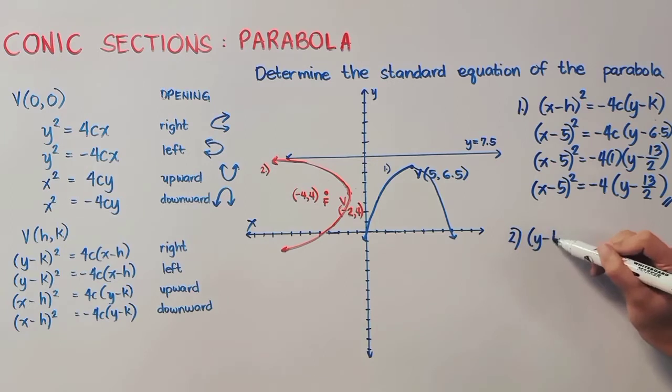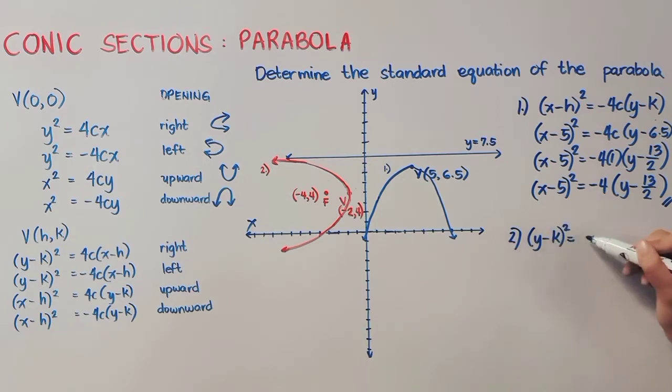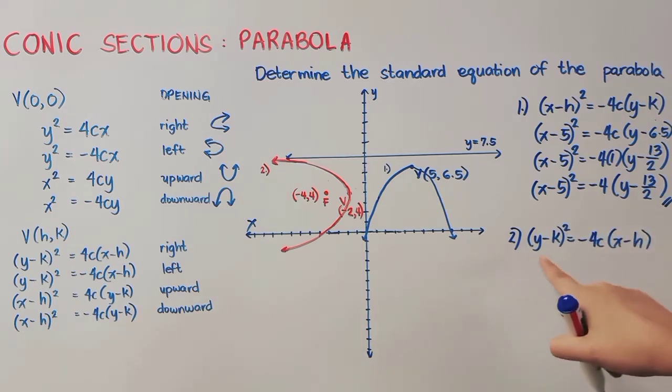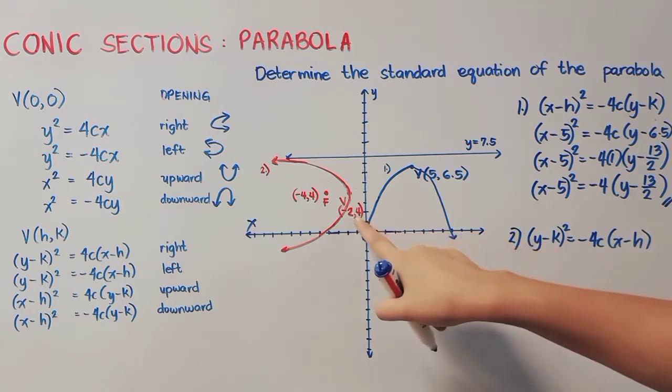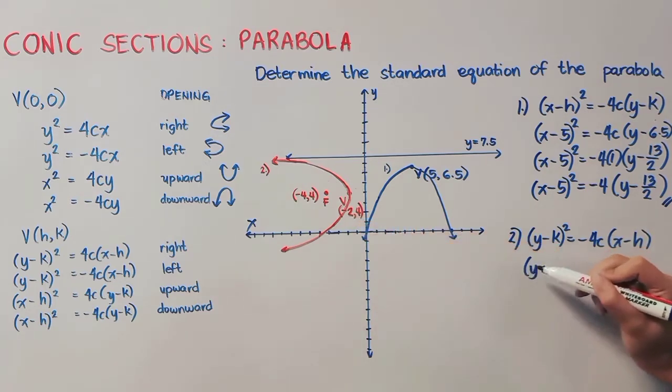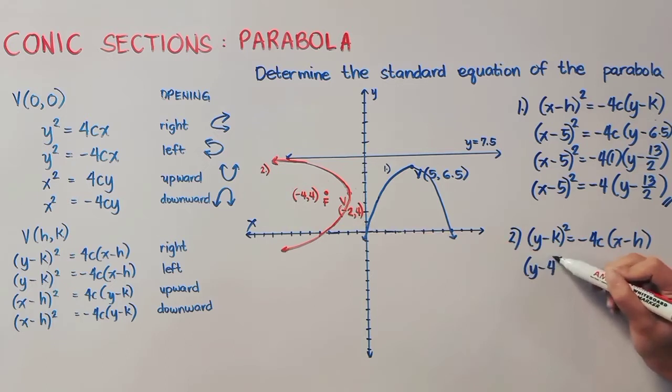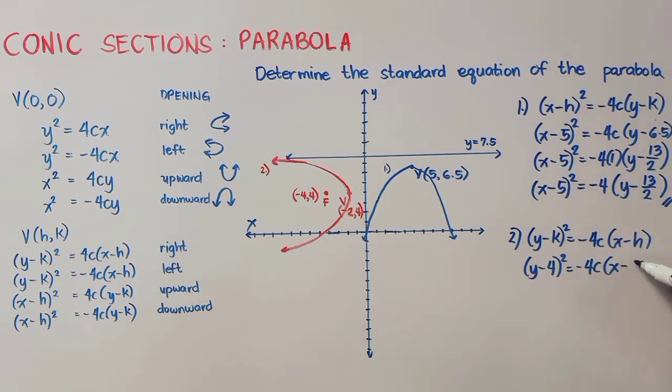Quantity (y minus k) squared is equal to negative 4c multiplied to quantity (x minus h). Substituting here our h and k, our k is 4. So we have here (y minus 4) quantity squared is equal to negative 4c and our h is negative 2. So minus negative 2.